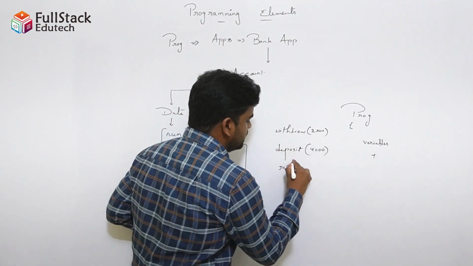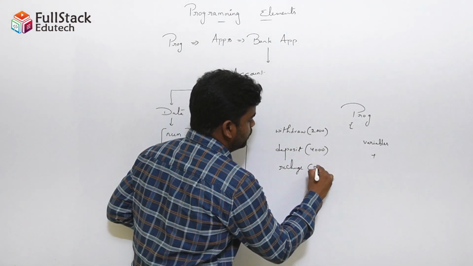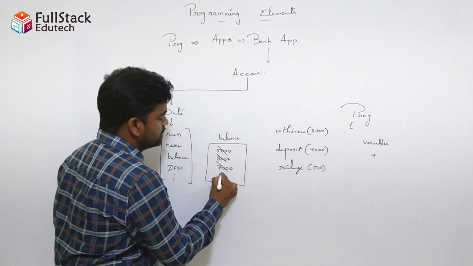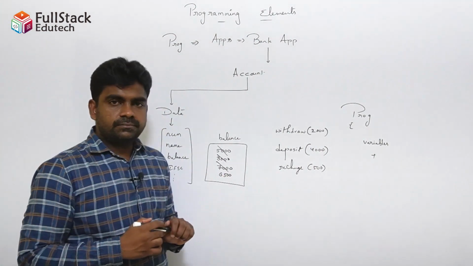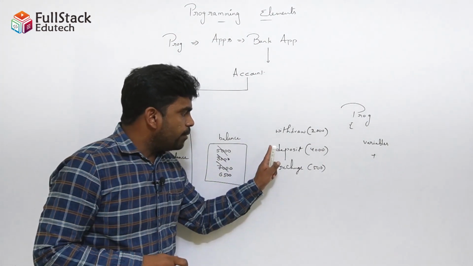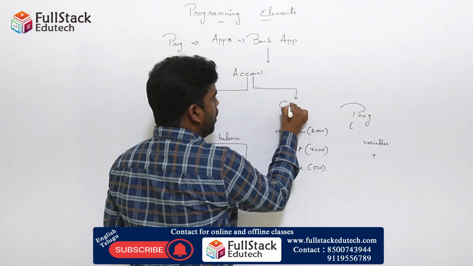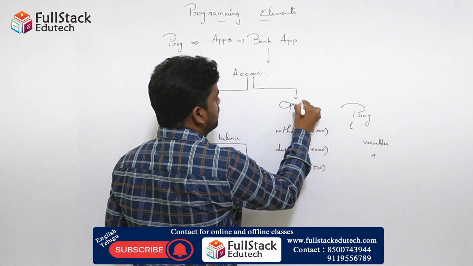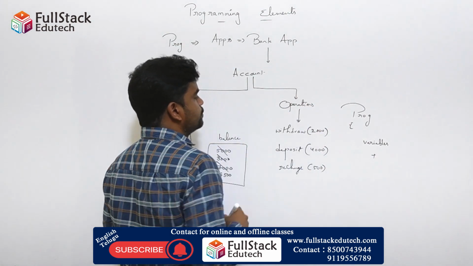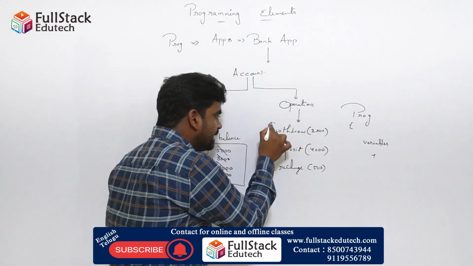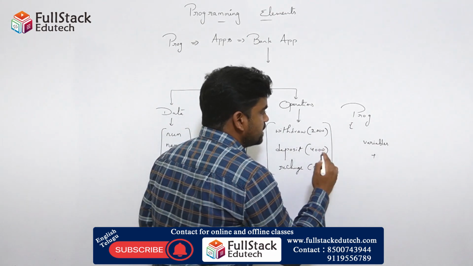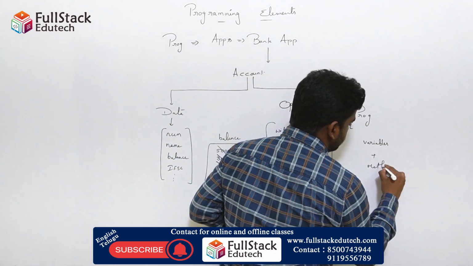If I recharge the mobile with 500 rupees, then it will become 6500. When you are performing operations on data, all the data operations we do, technically the operations are called methods.